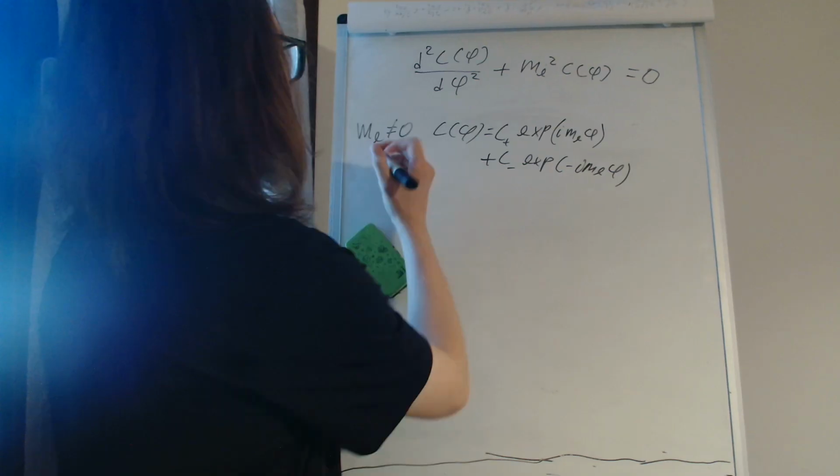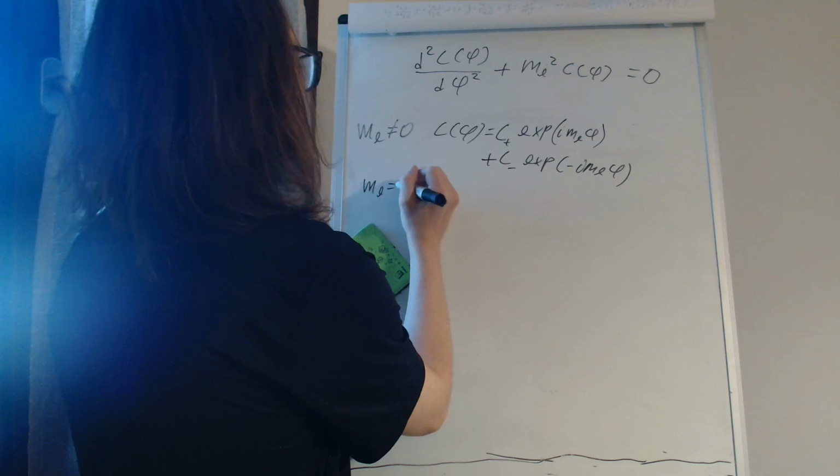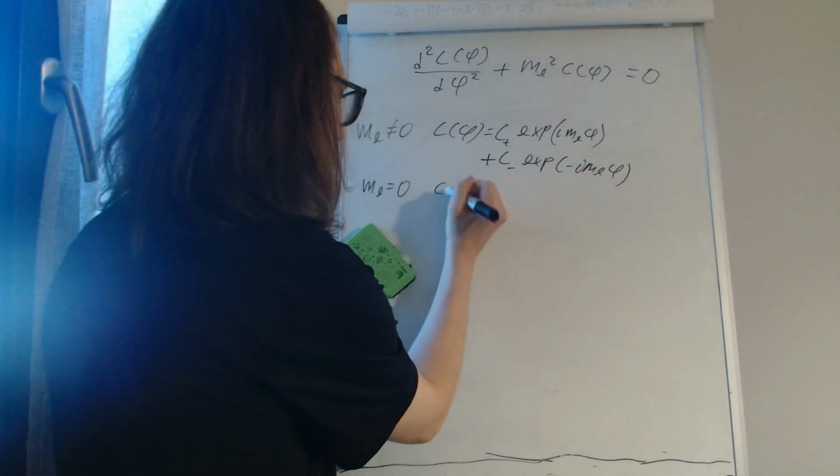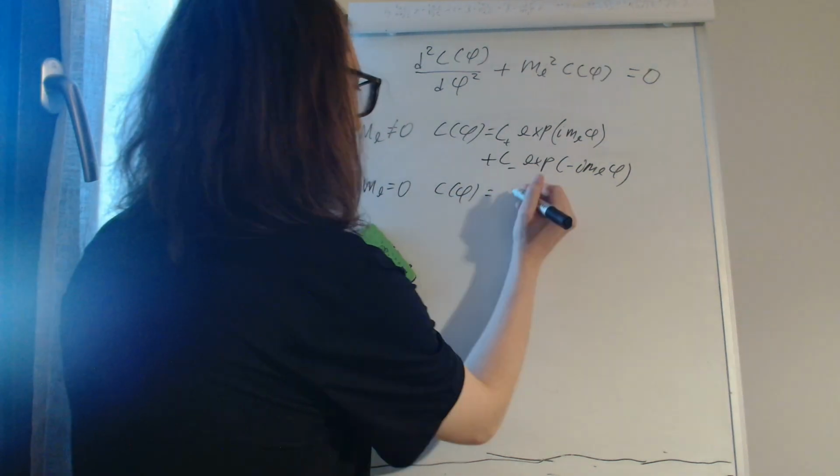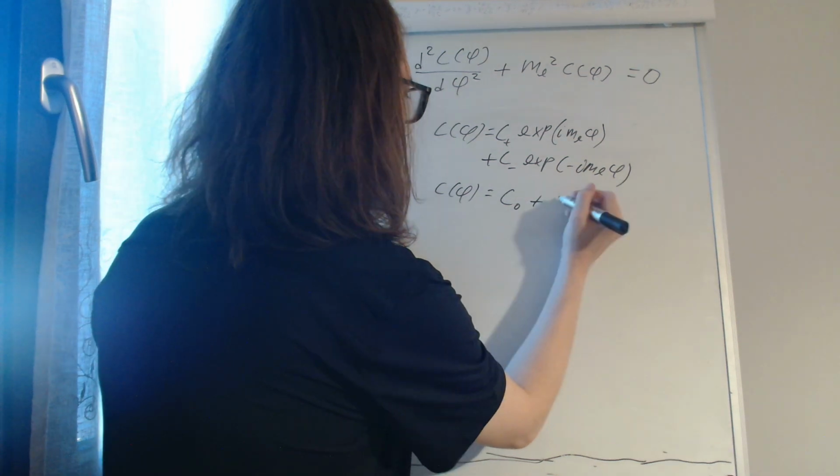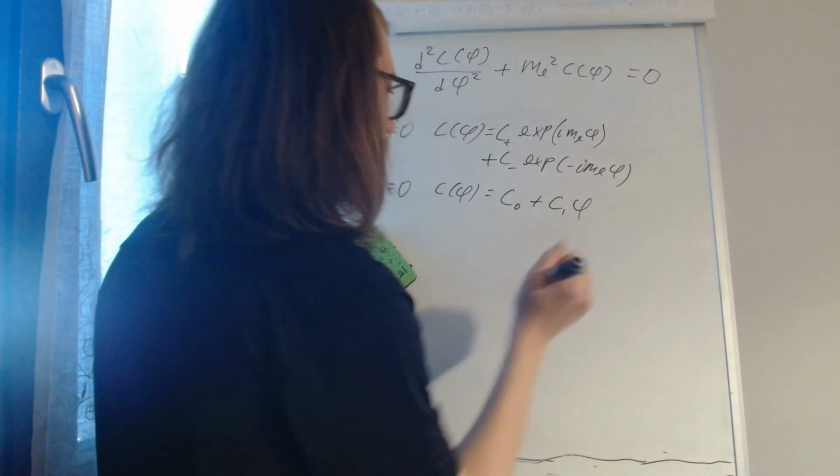Instead, for ml equals 0, it has a degenerate polynomial solution: Φ of phi equals C0 plus C1 phi.